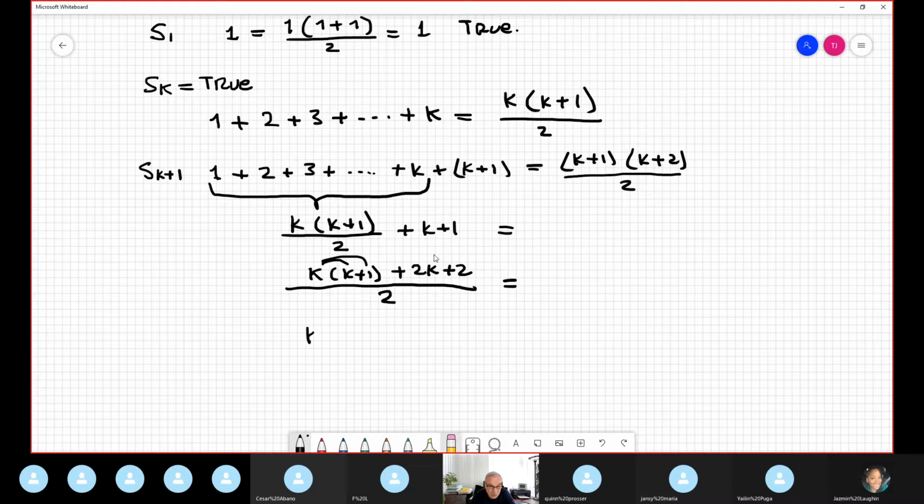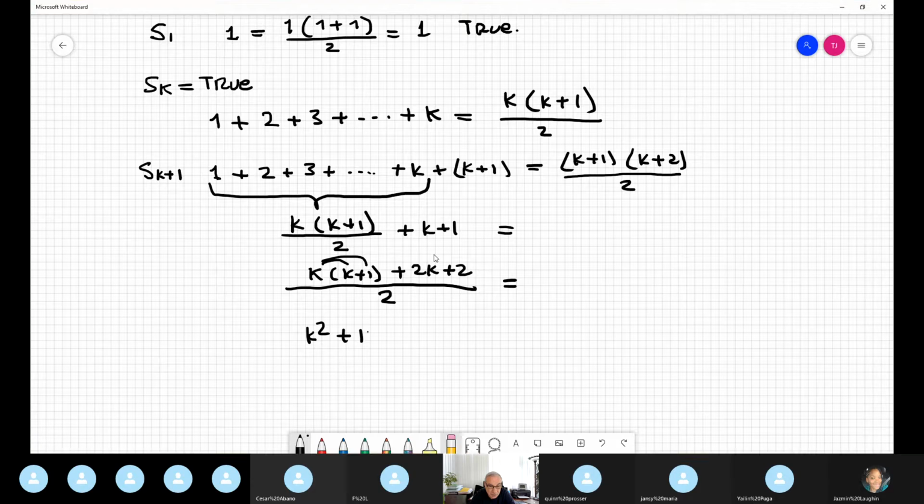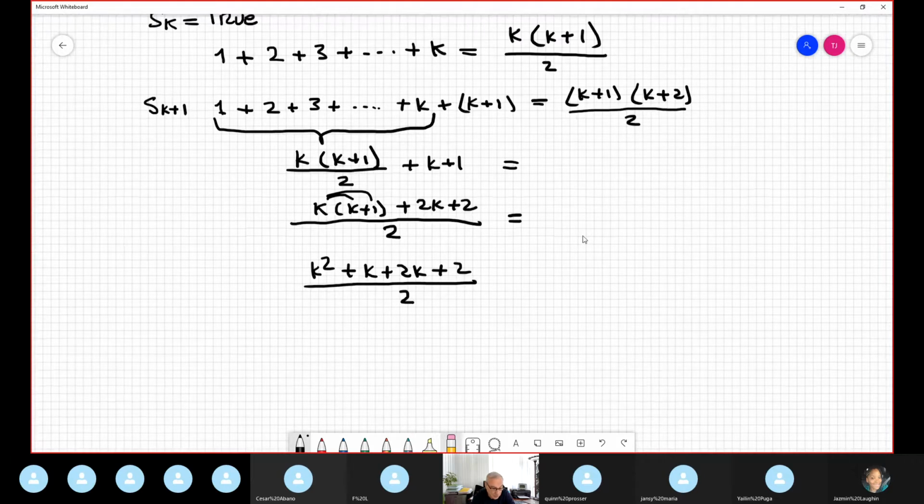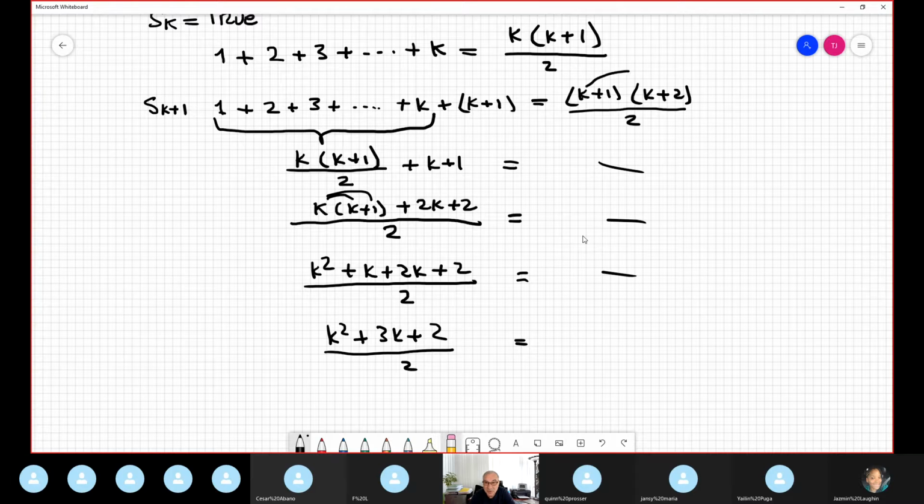It's k squared plus k plus 2k plus 2, over 2. Almost finished, because you combine like terms. It's k squared plus 3k plus 2 over 2. Now let me manipulate the right-hand side. Well, the right-hand side is super easy. You don't necessarily need to do anything here. You FOIL.